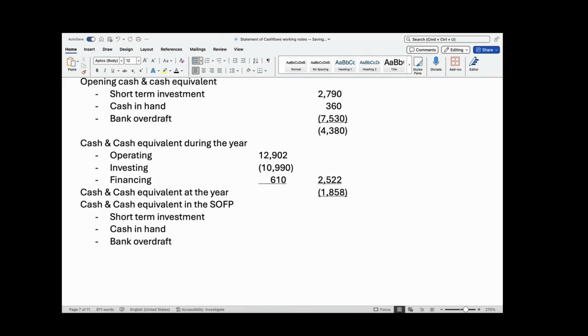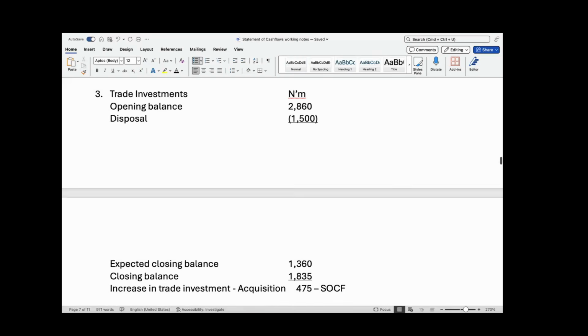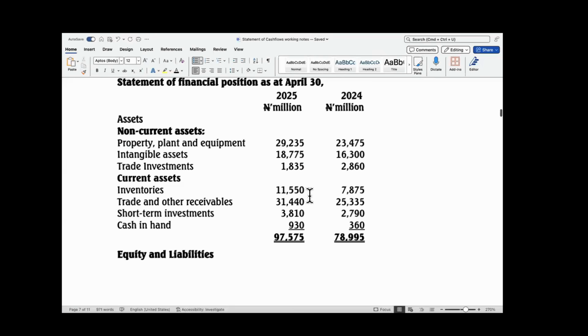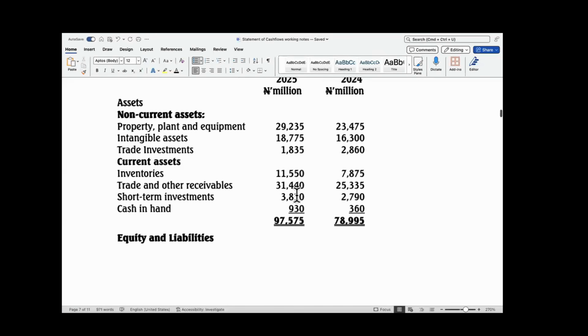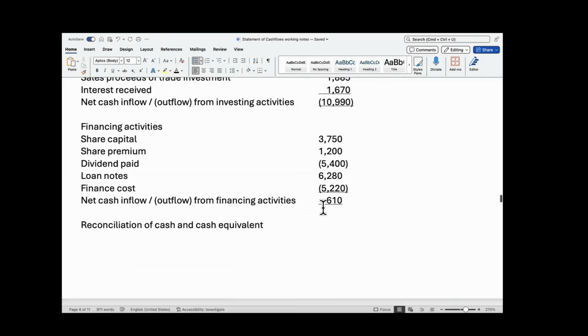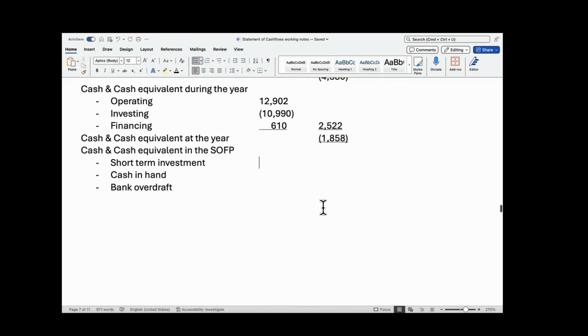What's the short-term investments? $3,810, cash in hand 930.